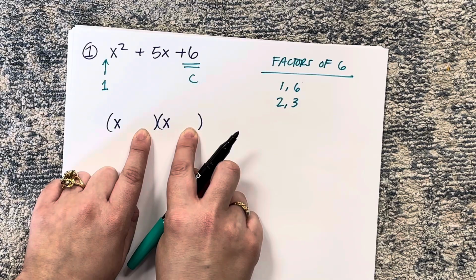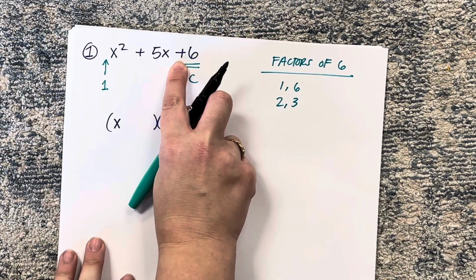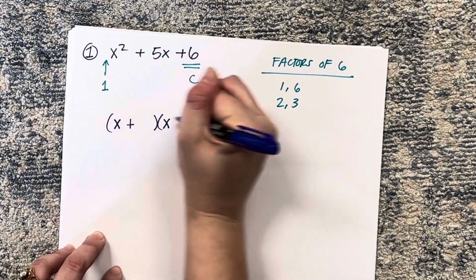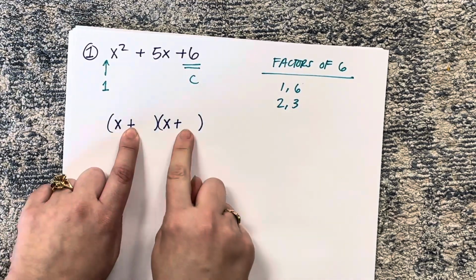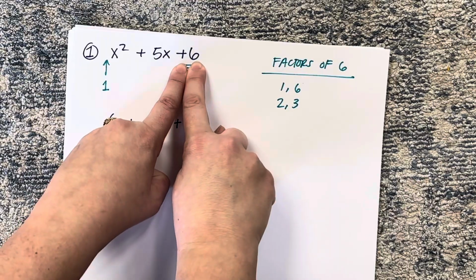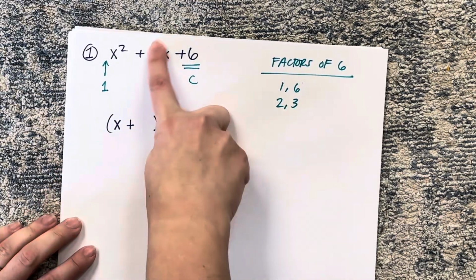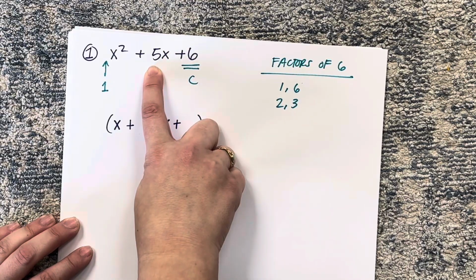Now, since this is a positive and this is a positive as well, both of these have to be plus, because a positive times a positive is a positive, and these two things added together are going to give me my inside term.